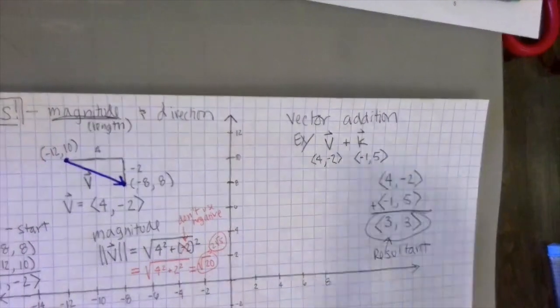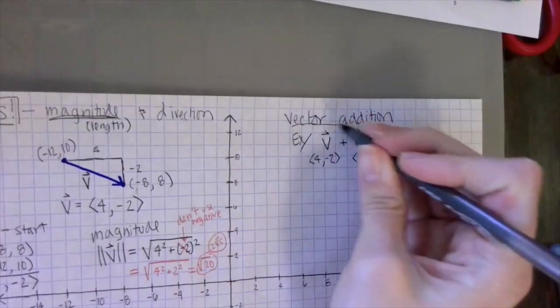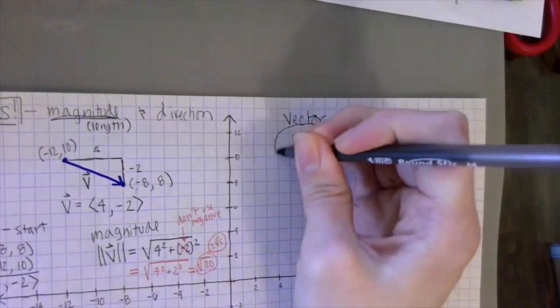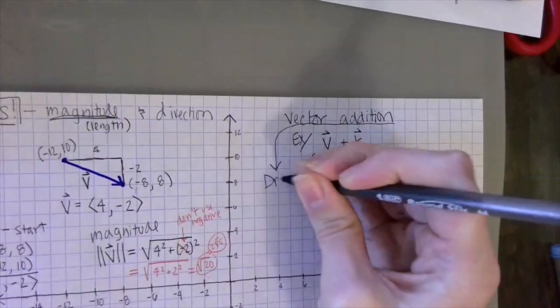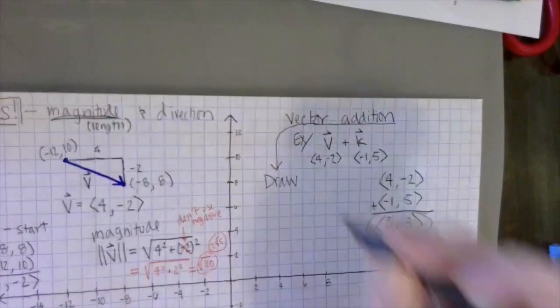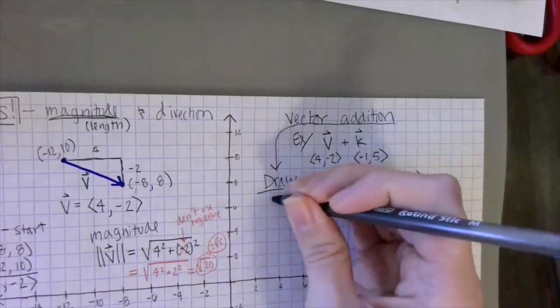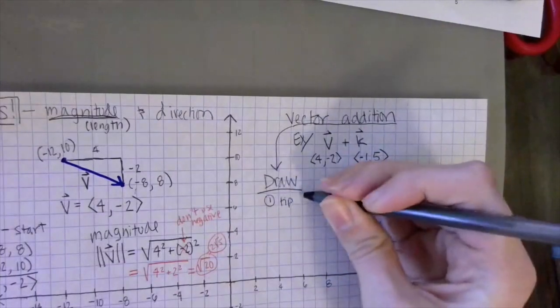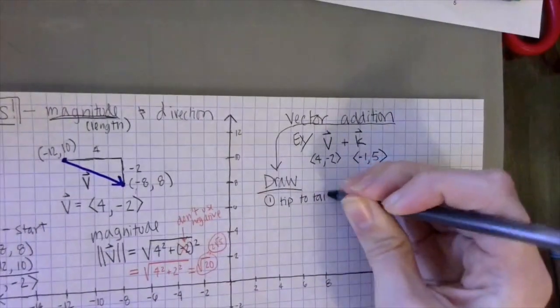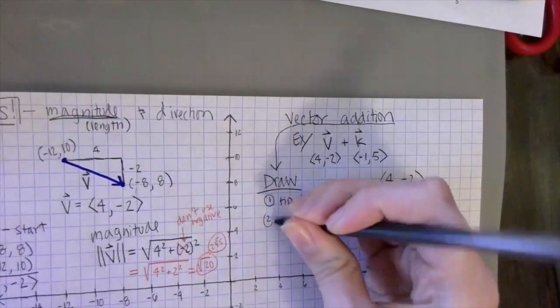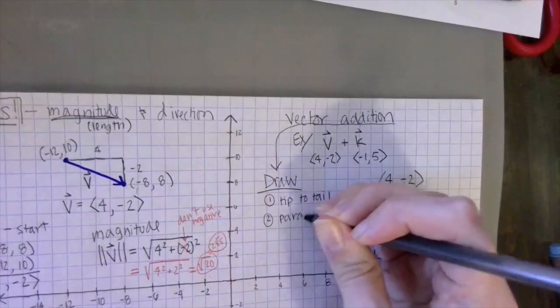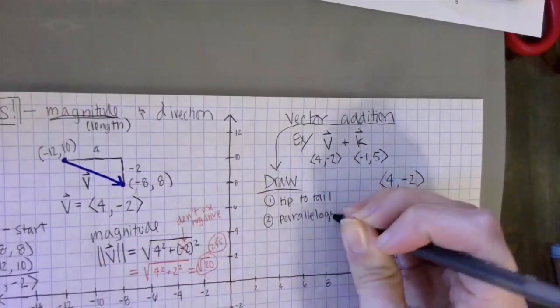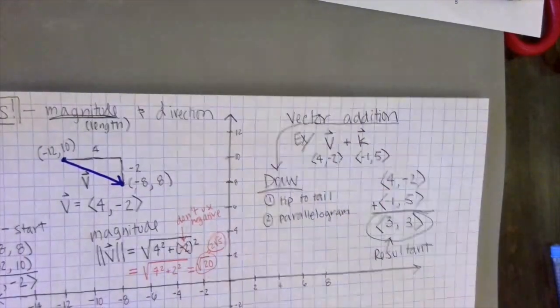We can also draw vector addition, and solve for vector addition graphically. There are two methods. The first is called the tip-to-tail method, and the second is called the parallelogram method.